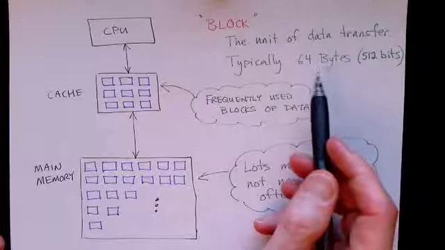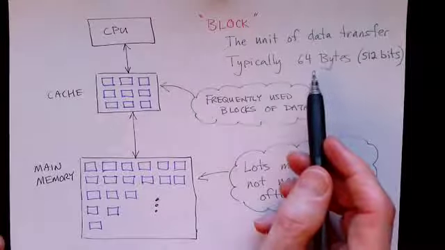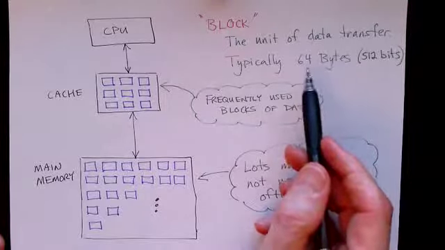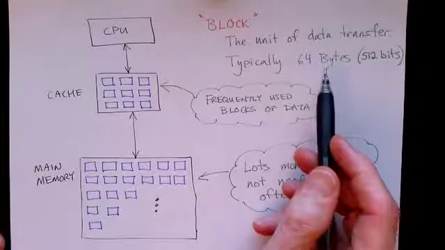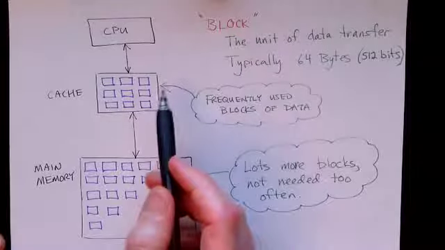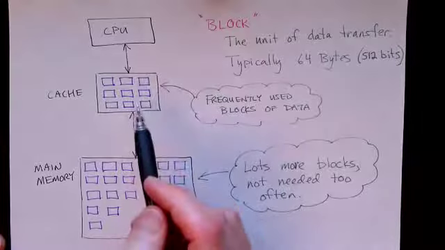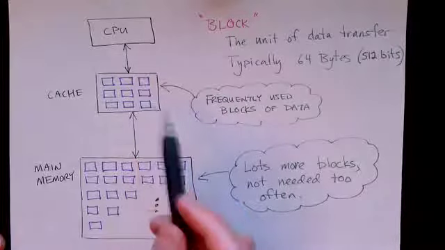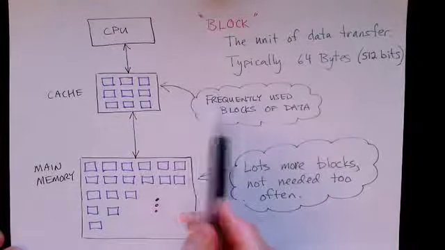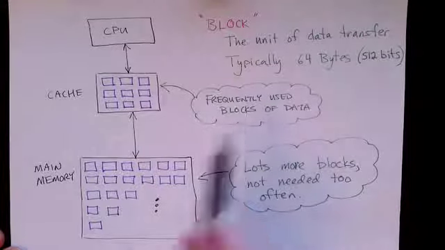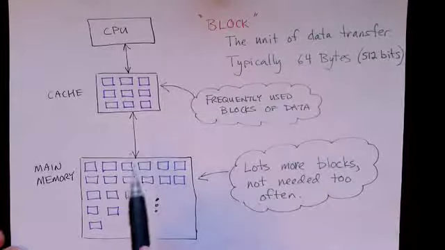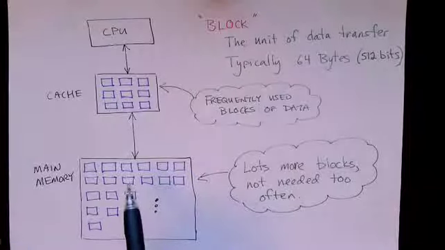The register size is 64 bits, but the block size is much larger. So the idea is that the cache holds a small number of blocks, but these, we hope, are the frequently used blocks of data. The main memory holds a lot more blocks, and ideally these are blocks that we don't need quite as often.